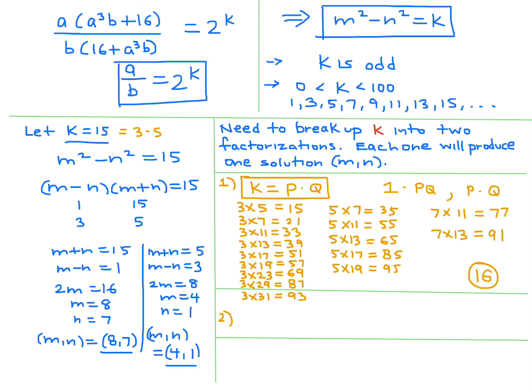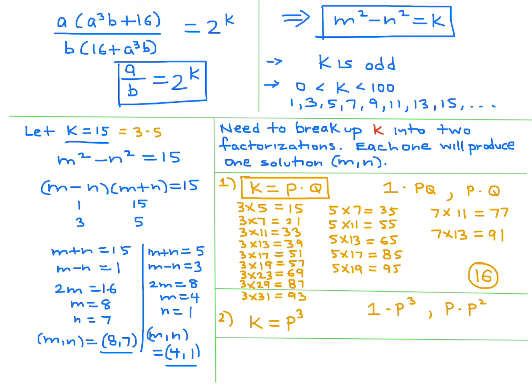This scenario was with k equal to p cubed. Now things get a little bit more complicated. k could be of the form p to the power of 3. If it is, our 2 factorizations, a better way of explaining it, will be 1 times p to the power of 3, or p times p squared. Okay?